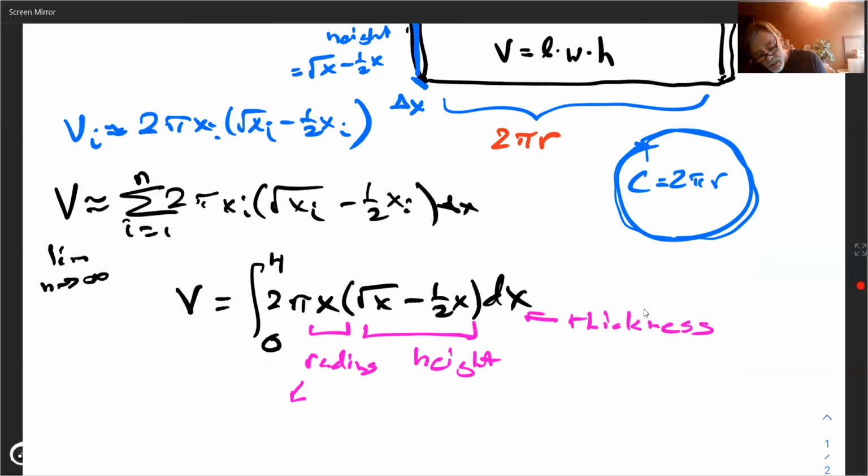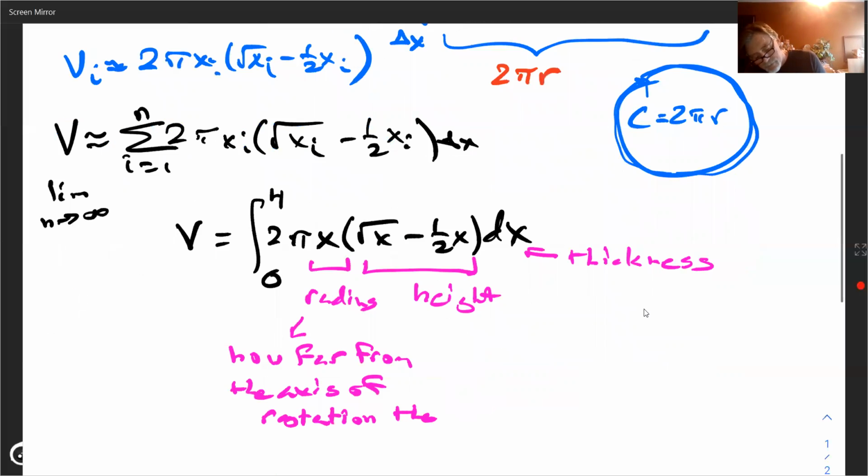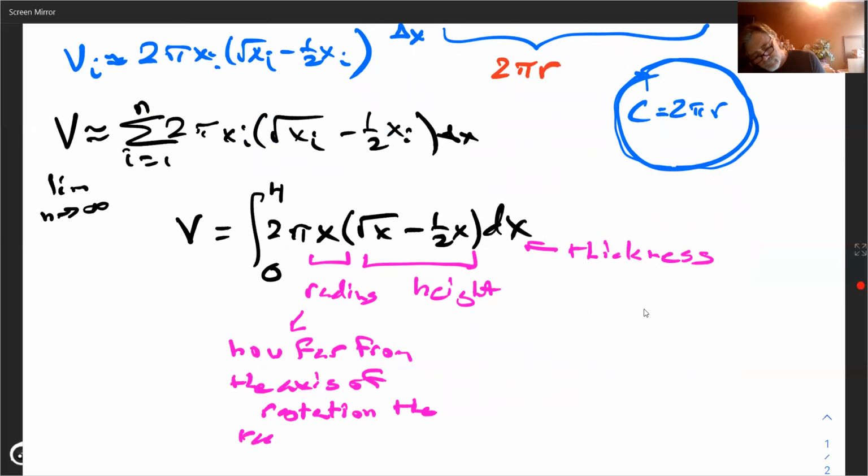What it is, it's how far from the axis of rotation, I'll say, the rectangle is. That's how I think of it. And the height is how tall is the rectangle.